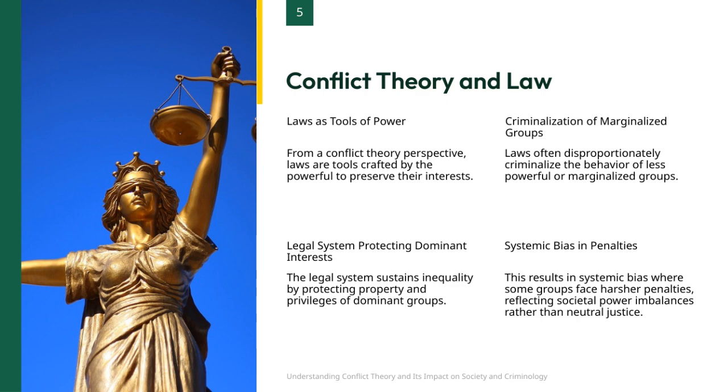The legal system, then, functions to uphold existing inequalities by safeguarding property and privileges that benefit these dominant groups. Because of this, we observe systemic biases within the justice system itself, where penalties tend to be harsher for some groups, reflecting deeper societal power disparities rather than a fair or neutral application of justice. This critical view challenges us to think about who really benefits from the laws and legal processes in place.